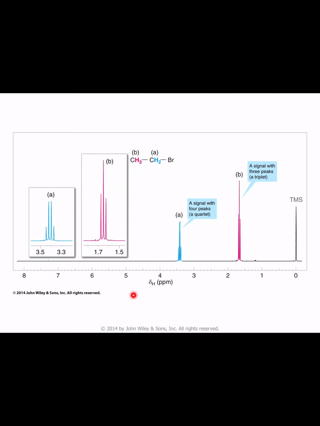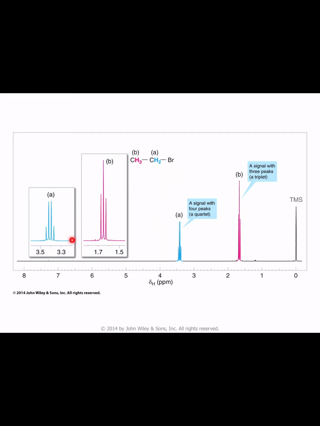This is how a typical NMR spectrum looks like. You will have an axis going from 0 to 8, and then you will see some peaks, and they have different intensities, they have different splitting patterns, and this is a spectrum for ethyl bromide.